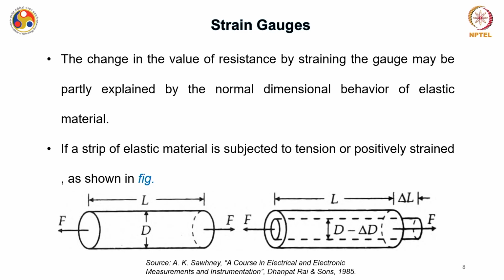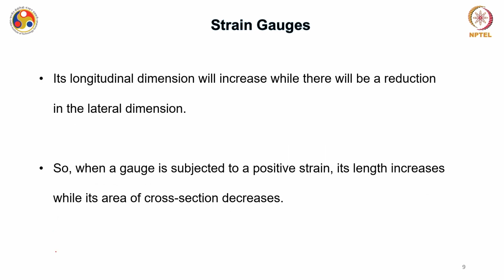So if a strip of elastic material is subjected to tension or say positively strained, as you can see over here, you are stretching it, means that you are decreasing the diameter and the length is increasing by certain value, say delta L, and this is the positive strain direction. Okay. Now its longitudinal dimension will increase while there will be a reduction in the lateral dimension.